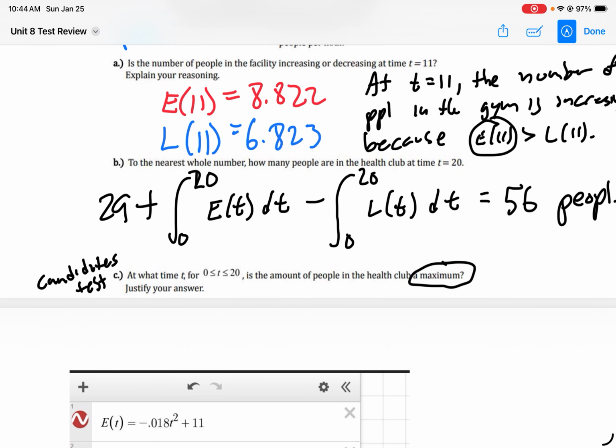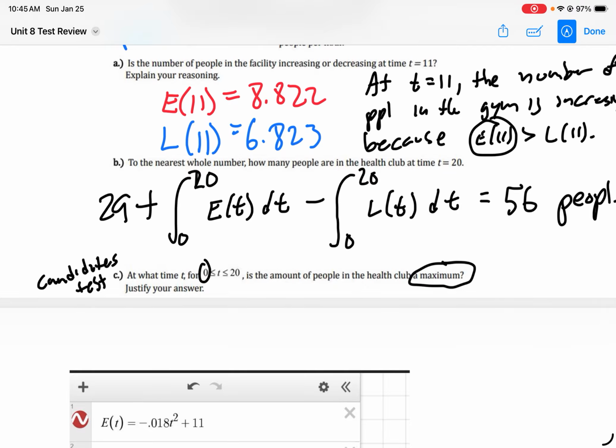And if you recognize that, it would not hurt to write candidates test. That way the reader, whoever's grading your paper, knows, okay, they know candidates test. Now I'm going to look if they know what the actual candidates are. All right, so my candidates are the critical values and the endpoints.